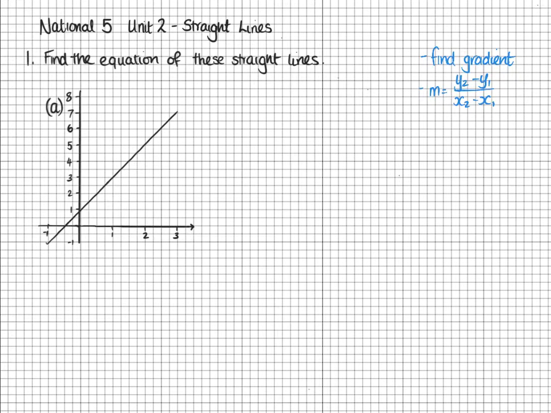For that we need two coordinates, which we call x1, y1 and x2, y2. Once we've got the gradient we use y minus b equals m(x minus a). So we've got all the things we need there, so let's get going with this one.